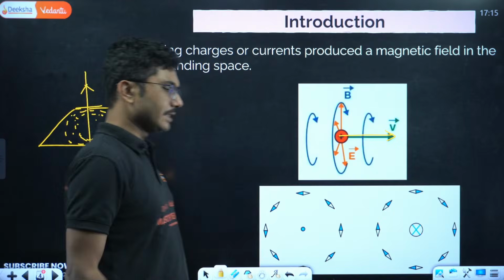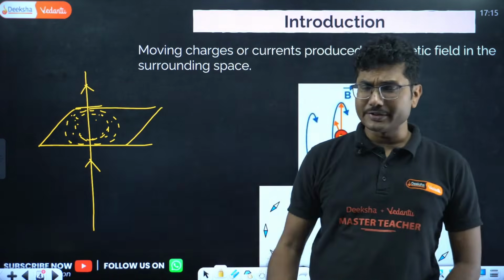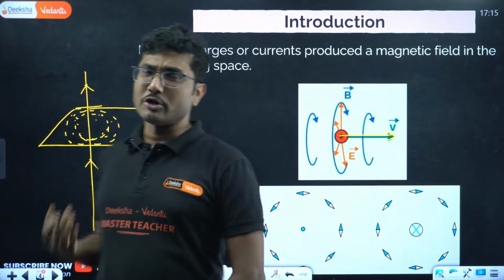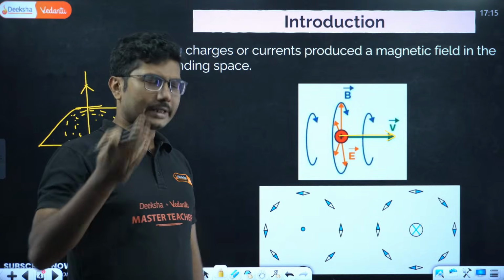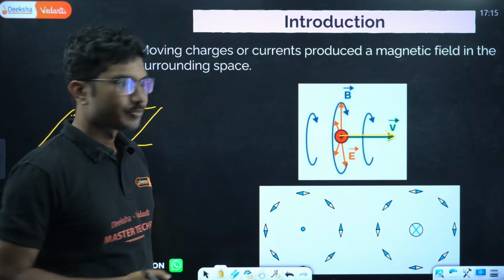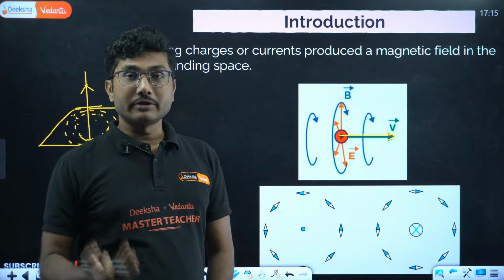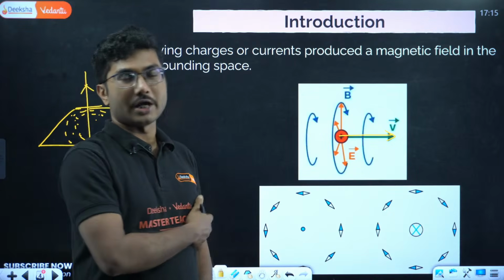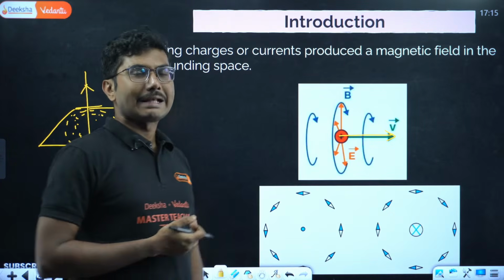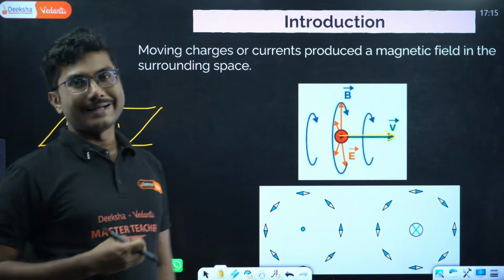Basically, current is moving charges. Electrons move, and because of the motion of the electrons, you get a magnetic field around the wire. Similarly, if you have only a positive charge which is moving, in that case also you will get a magnetic field.